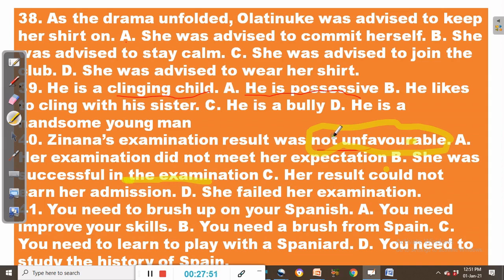Now, of course, this is a figure of speech called litotes, understatement. It is the opposite of exaggeration or hyperbole. So, this figure of speech uses understatement to highlight something that is of good quality.